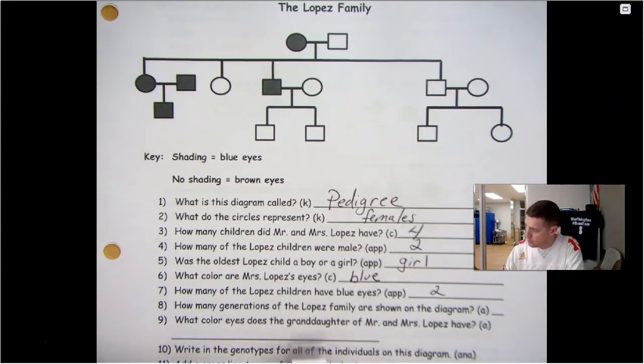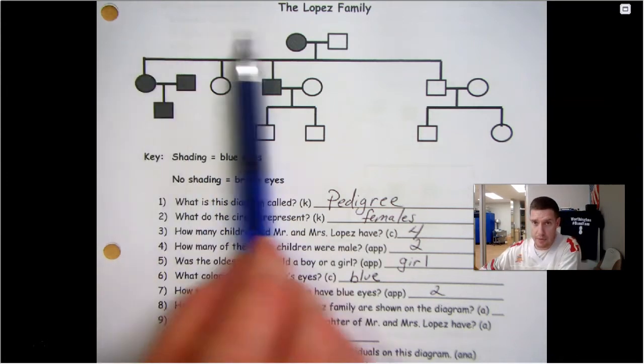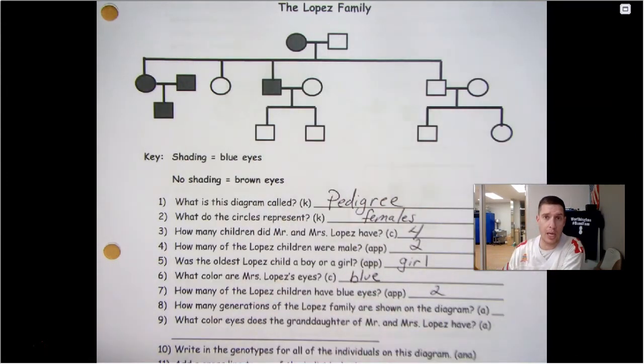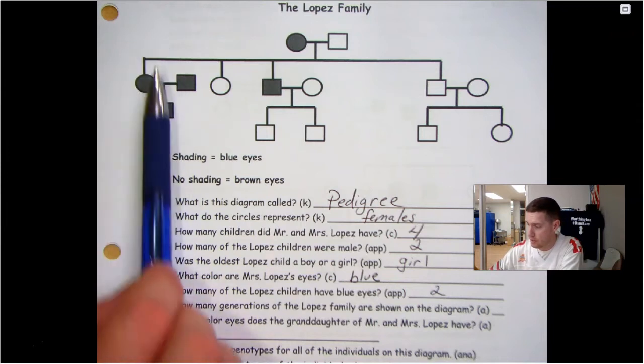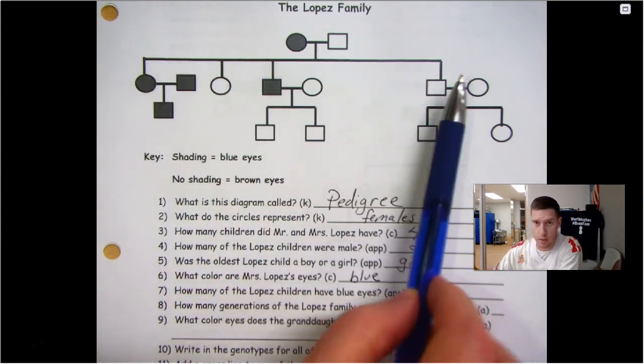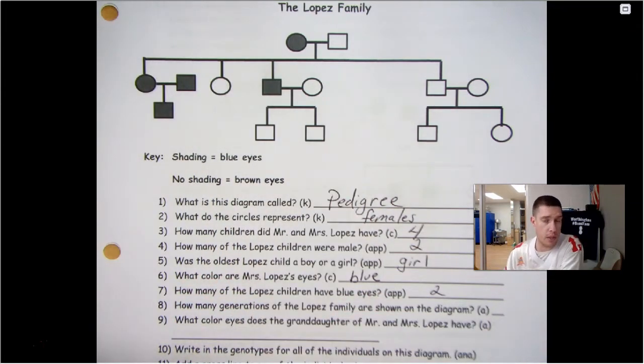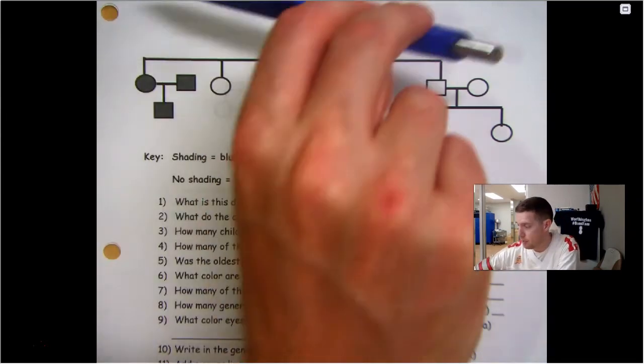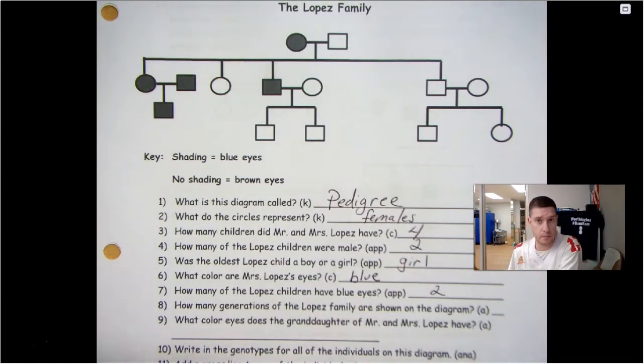Okay. Next question. How many generations of the Lopez family are shown on the diagram? This is another situation where, in order to get this answer right, you have to know how to read the pedigree. Just as I was sharing before, we read from left to right, so when you're talking about birth order, left is oldest and you work progressively younger. In English and many other languages, we also read from the top down.